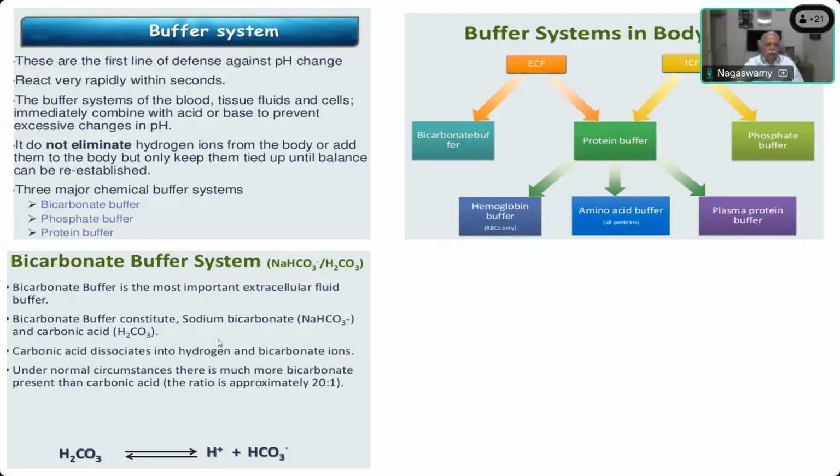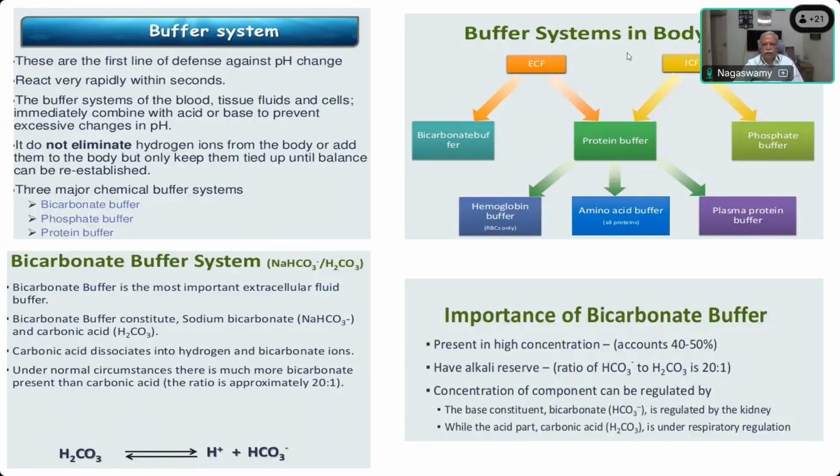So sodium bicarbonate will form carbonic acid, which dissociates into hydrogen and bicarbonate if necessary, or breaks down into carbon dioxide and water depending upon the change that happens. The importance of the bicarbonate buffer is that it is present in high concentration, almost 40 to 50%, that is why it is the first option for maintaining the pH.